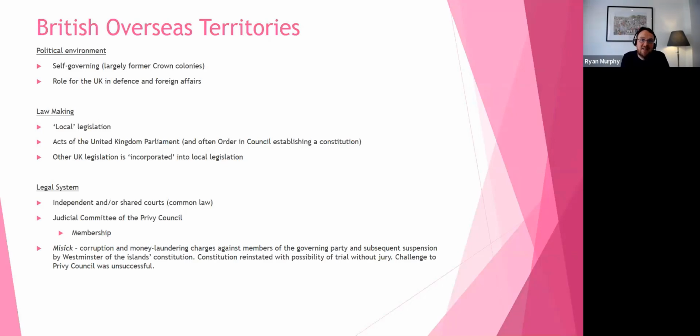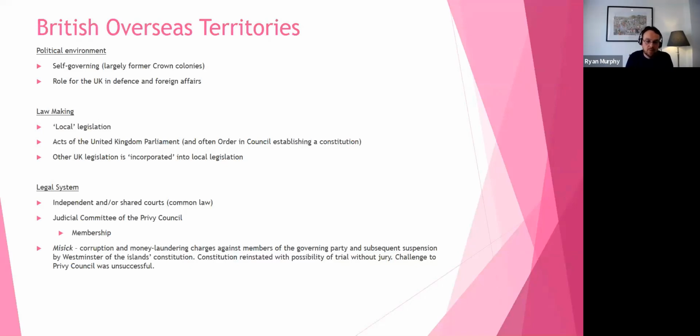Now, this can lead to some problems. This complex constitutional arrangement, which works very well in some instances, can lead to particular difficulties. And Mizik is a good example of how this complicated constitutional framework can lead to particular problems for these British Overseas Territories, and indeed for the legitimacy of aspects of the legal system of England and Wales.